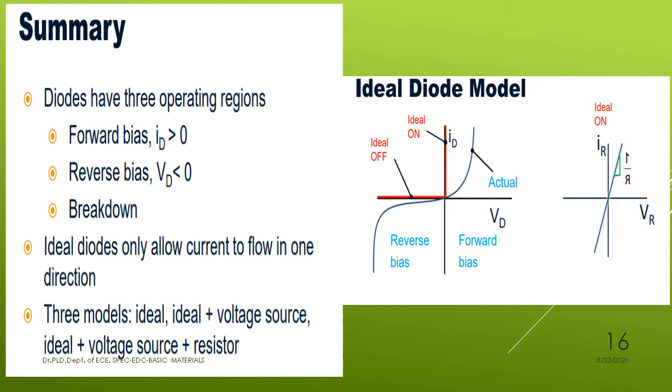The red mark of characteristics indicates the ideal on and off diode characteristics, on the y-axis and x-axis, totally in its forward bias and reverse bias. In case of the ideal diode, in its forward bias, at 0 volts itself, it allows a large current to flow through it.